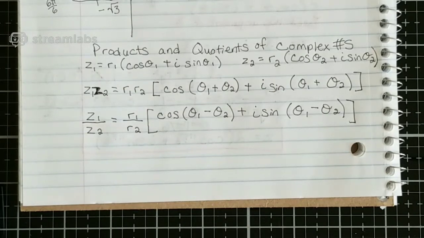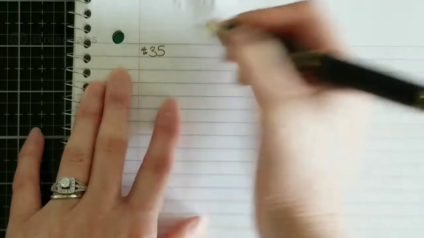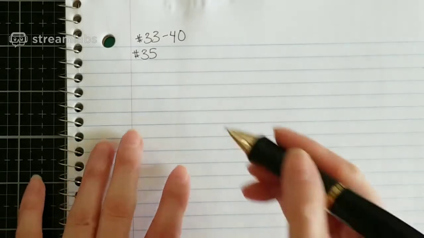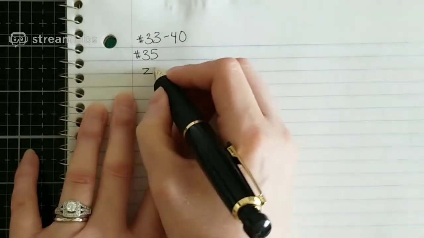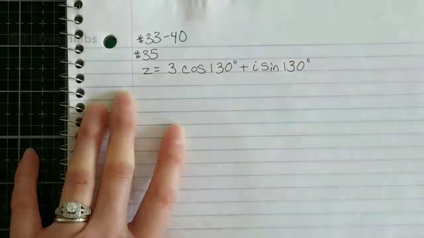All right, so we are going to do number 35. This is what you're going to do for 33 to 40. I'm going to write it on the other paper. And this section's really not too bad, I feel. Z is 3 times cos 130 degrees plus I sine 130 degrees.